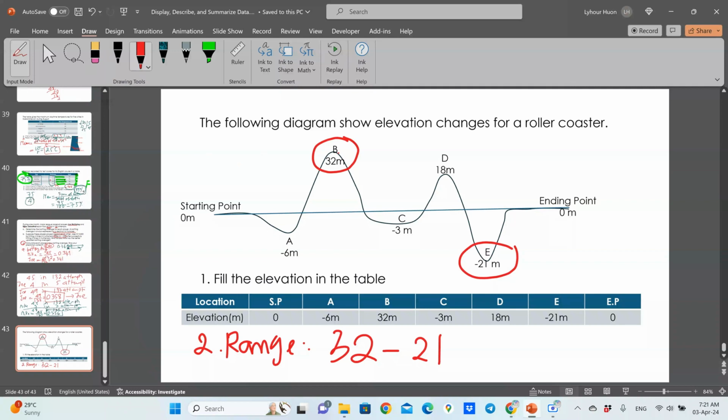Okay, so we know that the range is the gap between B and C. So meaning from this until this value, right? The gap should be from here to here.